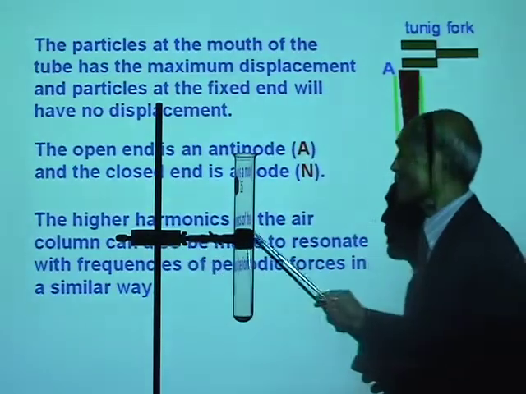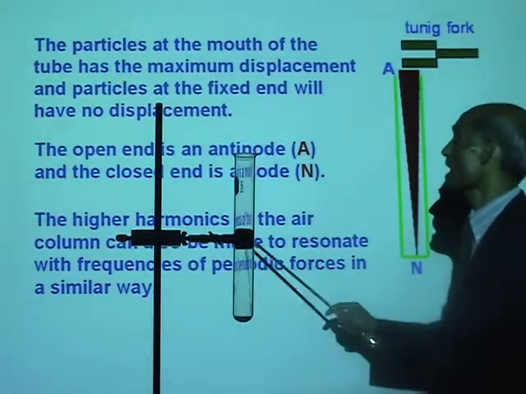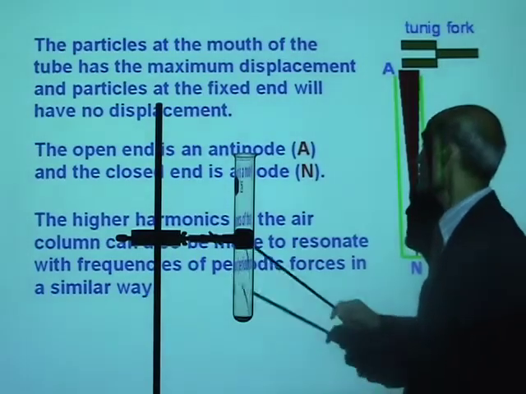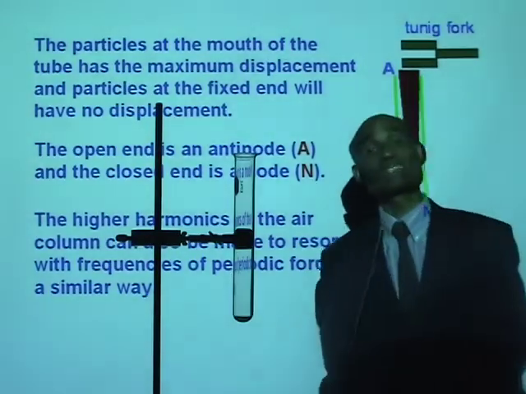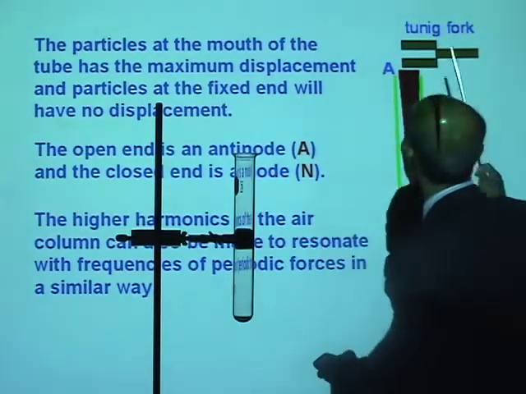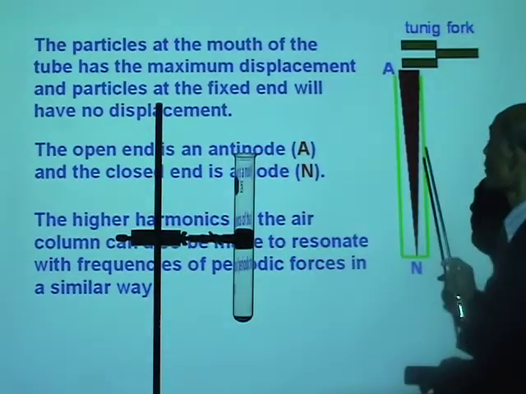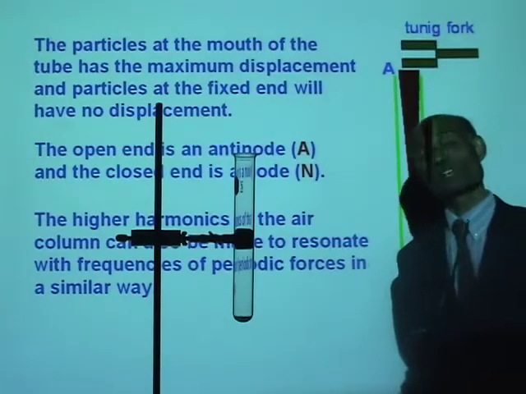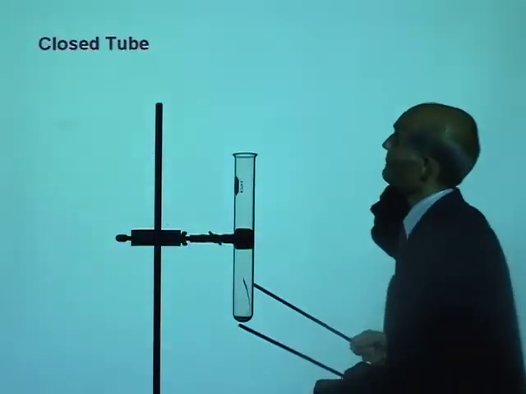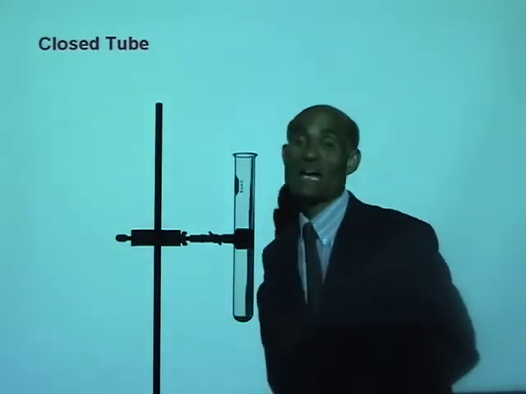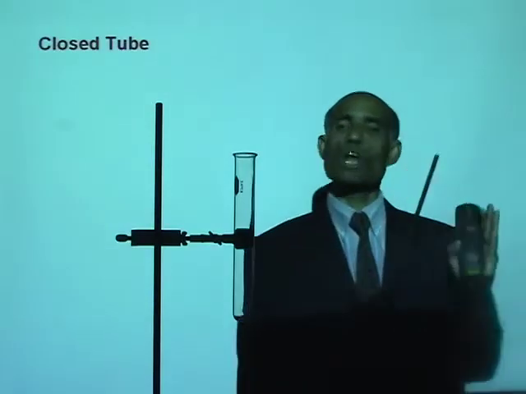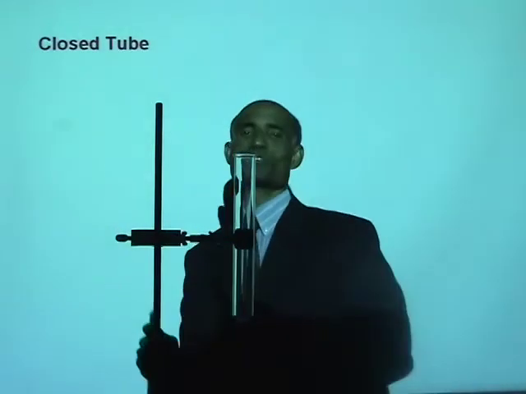So the higher harmonics of the air column can also be made to resonate with the frequencies of the periodic force in a similar way. So what will be the next higher mode of vibration for a tube like this? Can you think of the next higher mode? Well, let's take now two cases separately. We will consider tubes as closed tubes and open tubes.